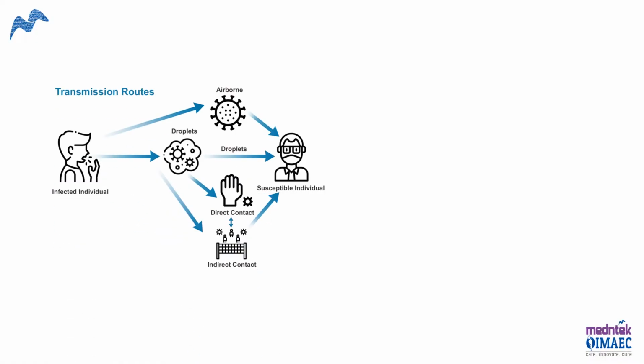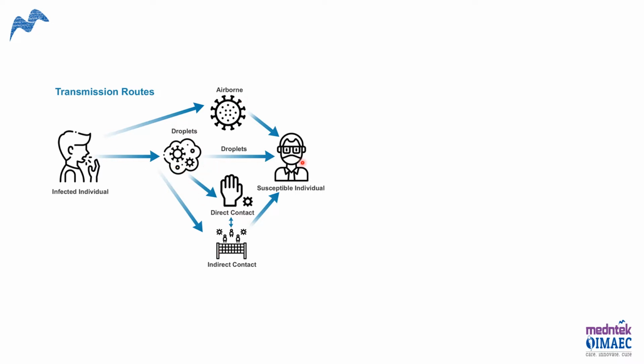Now we will look into the major transmission routes. If we consider this infected individual, then certain actions like coughing, talking and sneezing will release droplets from this infected individual into the environment. Once the droplets are out in the environment, they can transmit in 4 ways to a susceptible host.